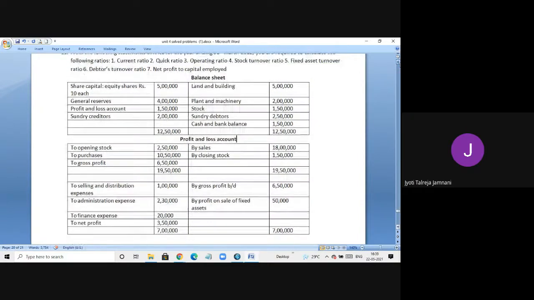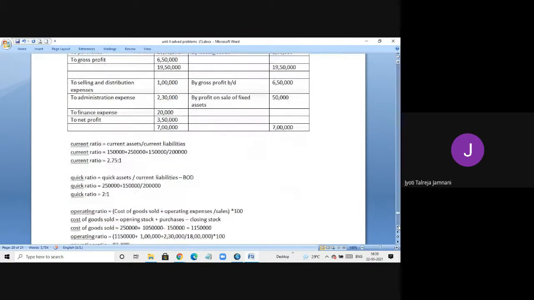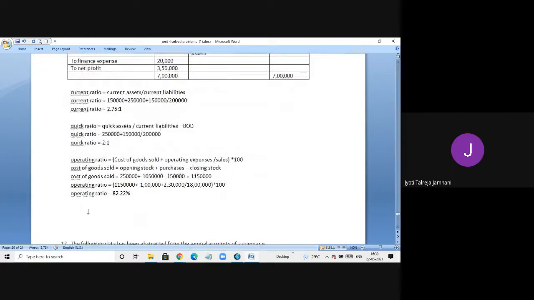Next, they have asked us to find the stock turnover ratio. So the fourth ratio is stock turnover ratio.